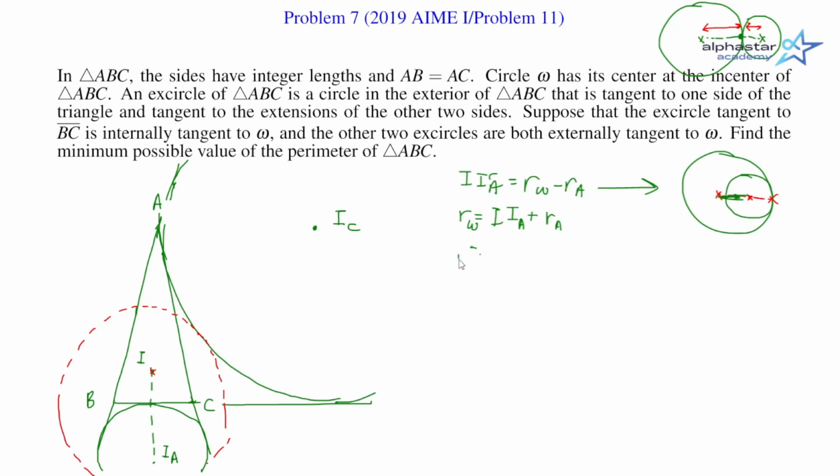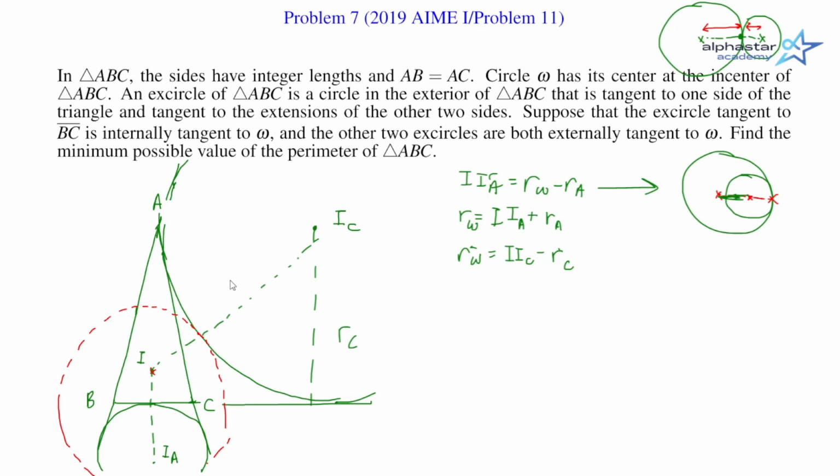Similarly, R omega is also equal to the distance between the centers here, I I_C, minus R sub C, where R sub C is the radius of the C-X circle. Notice that that's equivalent to saying I I_C is the sum of the two radii, R omega and R_C.